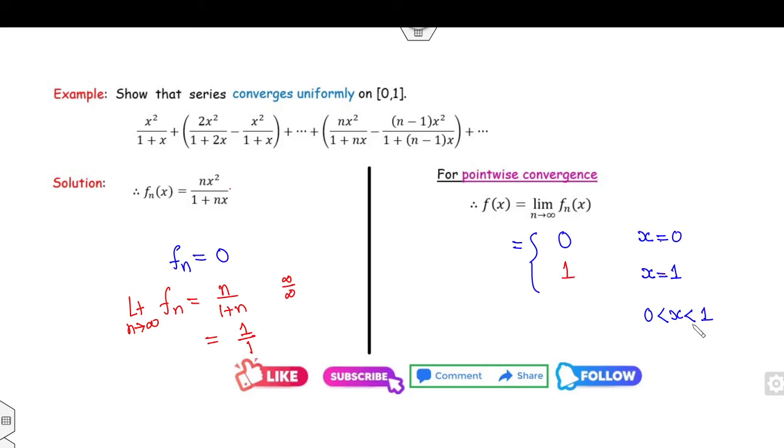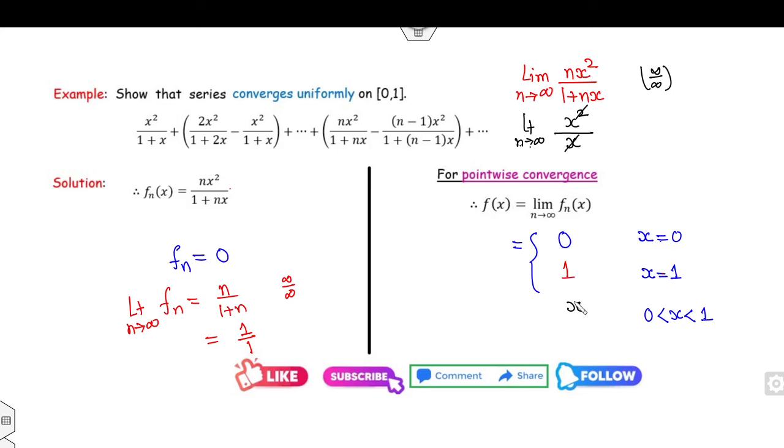Whenever x lies between 0 and 1, we find the limit of nx squared over 1 plus nx as n approaches infinity. It is again infinity over infinity form, so I apply L'Hopital's rule with respect to n. The derivative of the numerator is x squared, and the derivative of the denominator is x. So one x is cancelled out, and the limit is x.